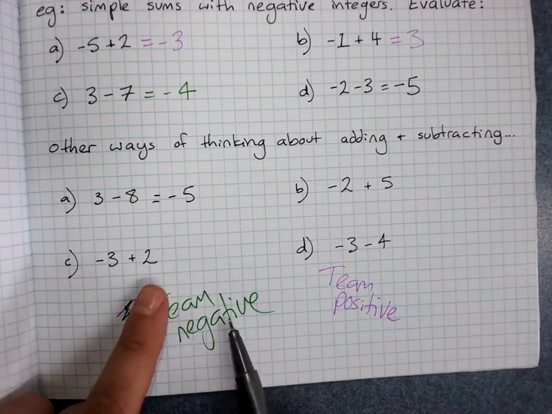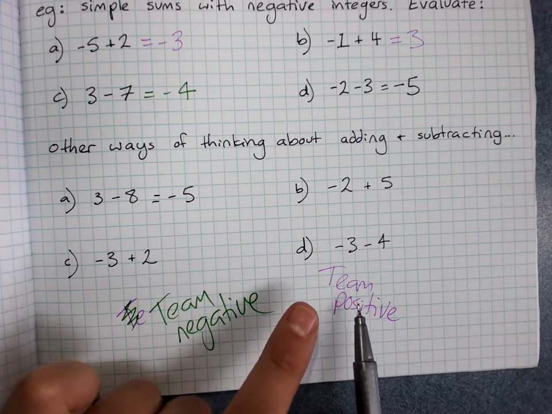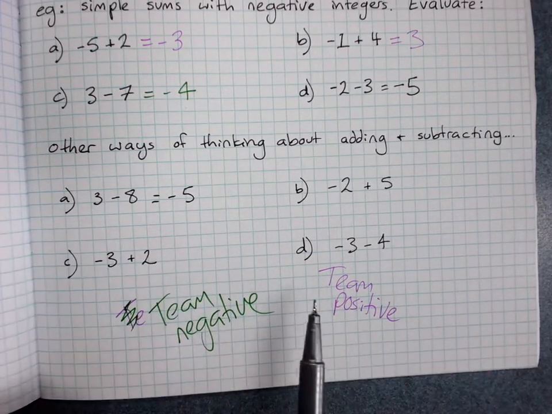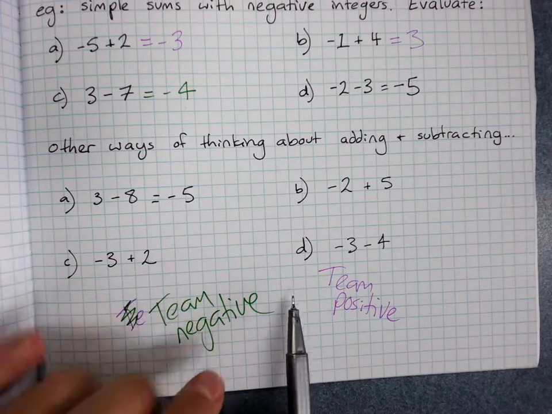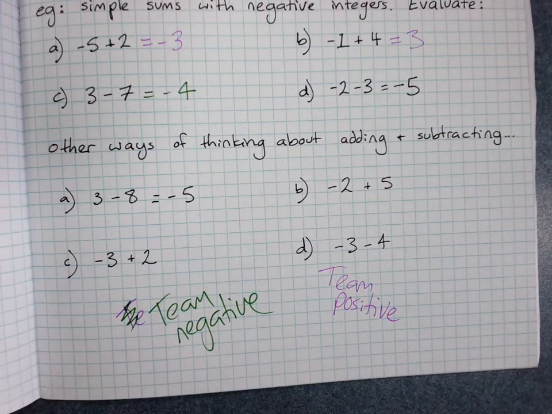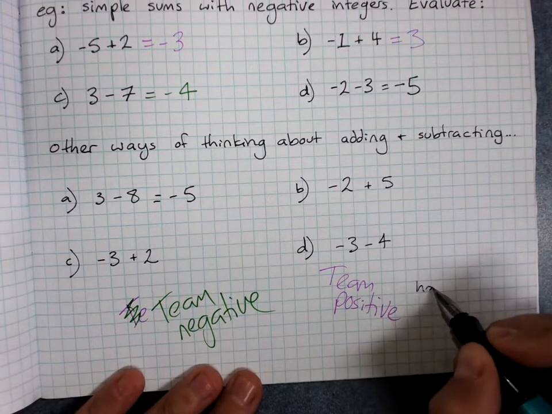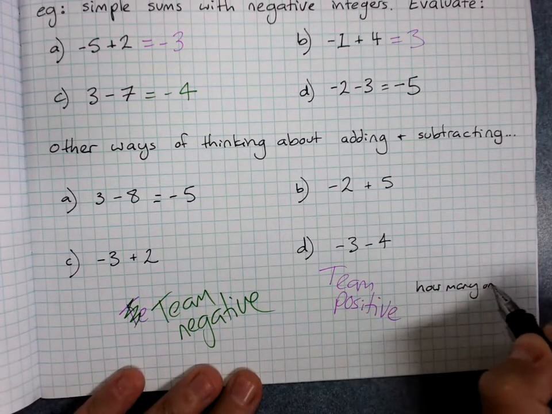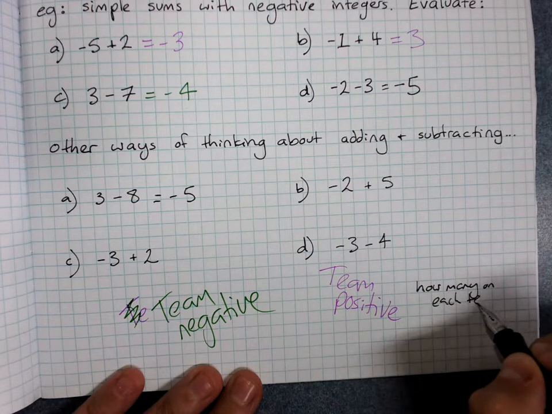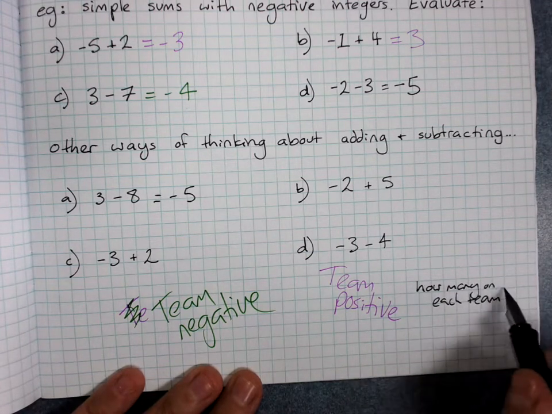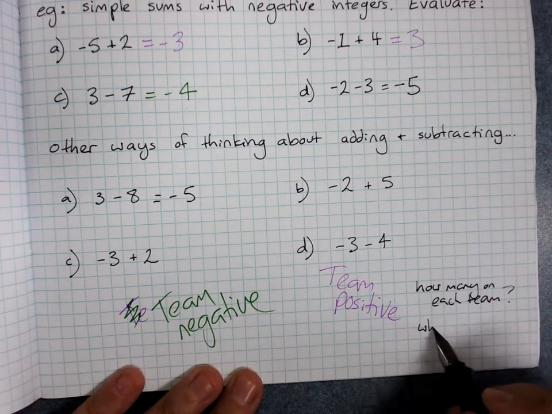So if we had 2 people on team negative and 2 people on team positive, nothing, 0. Nobody would win the tug-of-war. The questions you ask yourself are, how many on each team? And then, which team wins by how many?